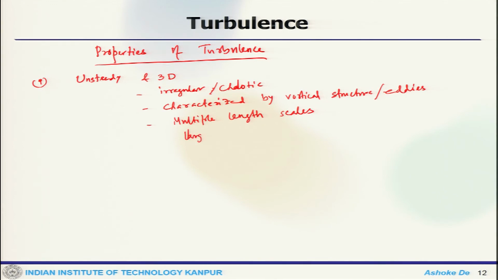On one hand you have large scale, which essentially we call macro structure, and that depends on flow geometry, and small scale, which one can say microstructure.